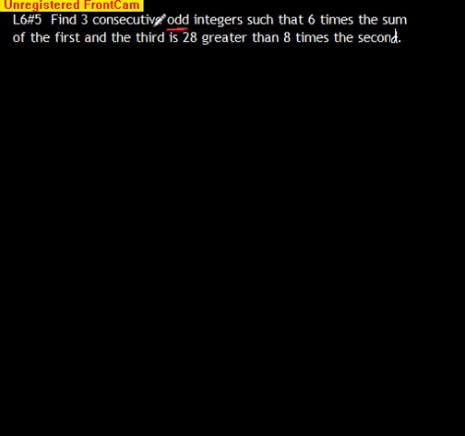So right from the beginning we want to find 3 consecutive odd integers. So we always let x equal the first integer, or n, or whatever variable you like. Then, if we're doing even or odd, we're going to add 2, because if you're going from 3 to 5, you had to add 2. If you're going to go from 4 to the next consecutive even integer, you had to add 2.